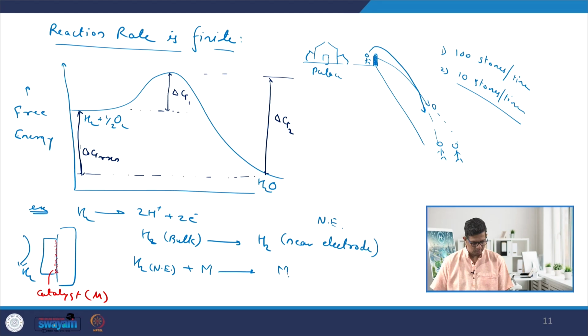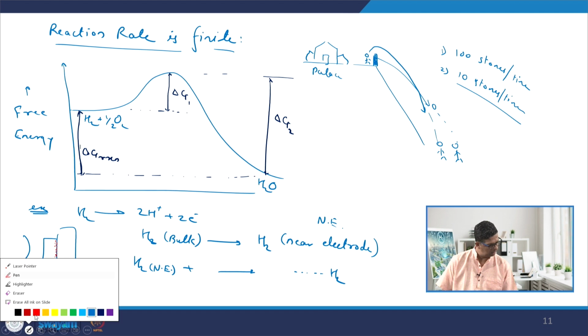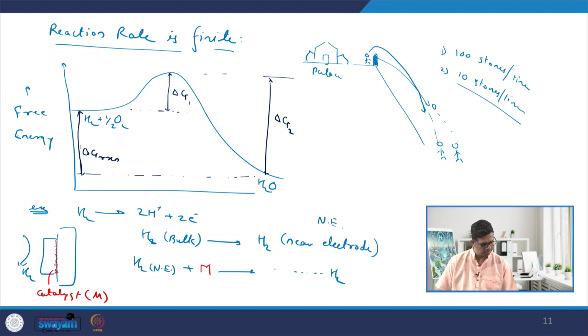So, M H2. This M is our electrode surface. M stands for electrode surface. So, when hydrogen comes near the metal or other electrode surface, it gets chemisorbed.